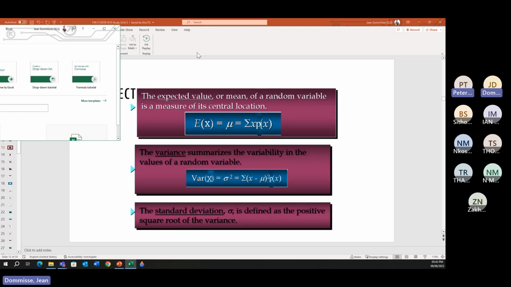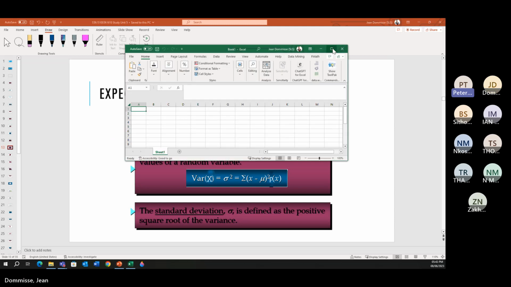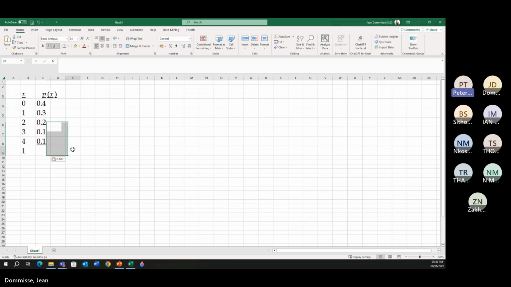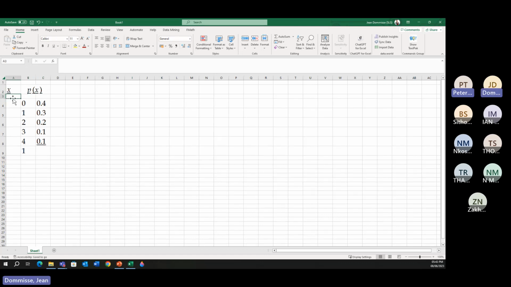So I'm going to put it in Excel. So it was X, it was a probability. Let's just make sure that it is numbers.